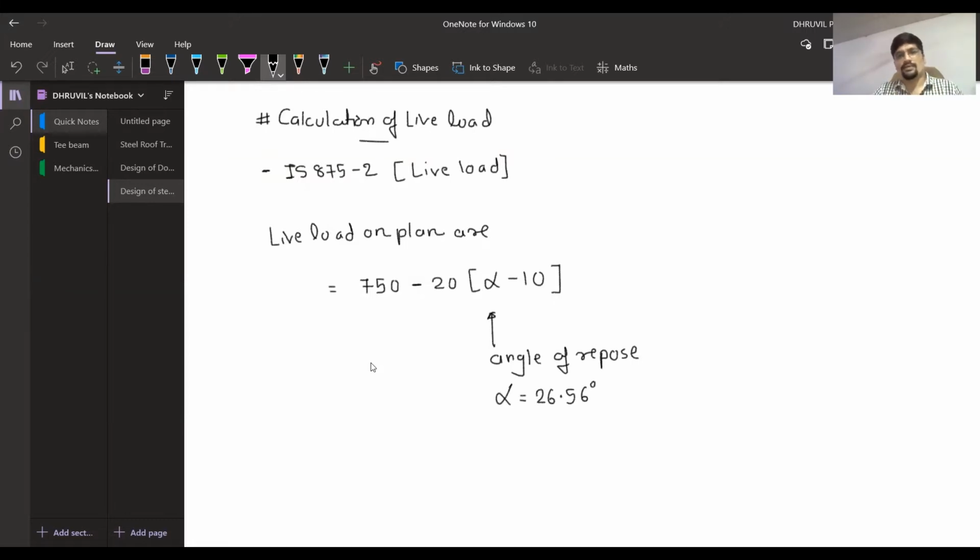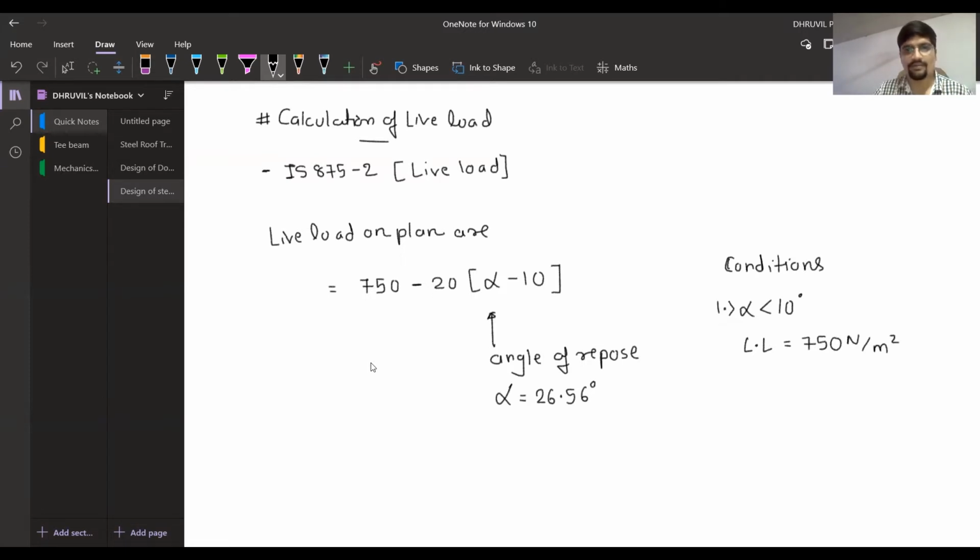Before moving forward, let me make you aware of some conditions. The condition is that first, if the angle is less than 10 degrees, then please consider the live load equal to 750 Newton per meter square.